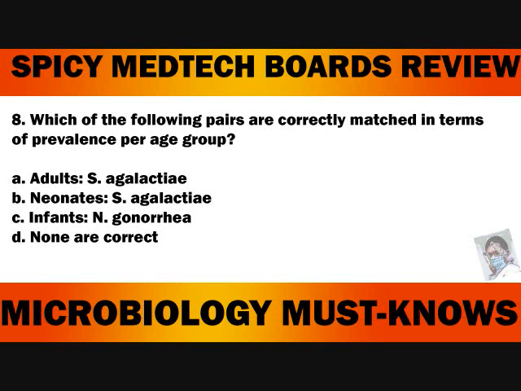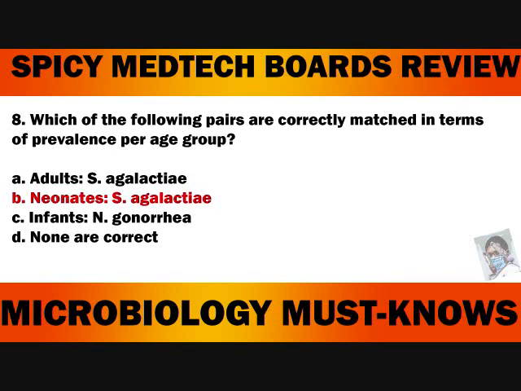Number 8. Which of the following pairs are correctly matched in terms of prevalence per age group? A. Adults is to Streptococcus agalactiae. B. Neonates is to S. agalactiae as well. C. Infants is to Neisseria gonorrhoeae. Or D. None are correct.